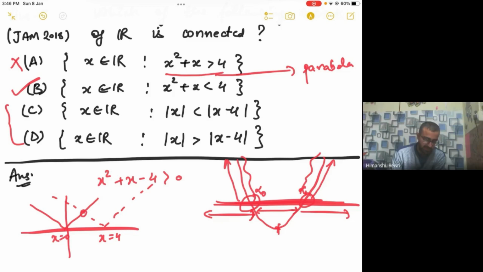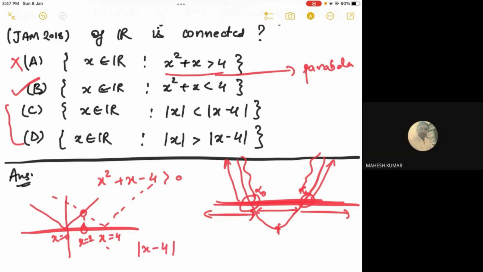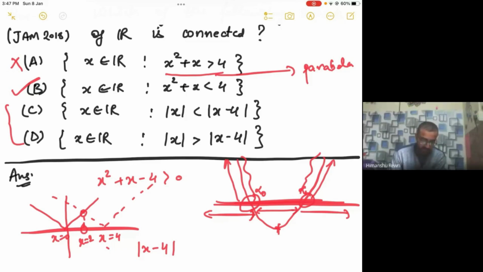So where will it cut now? Now see, when this curve mod of x minus 4 is pointing upper than the curve mod of x.